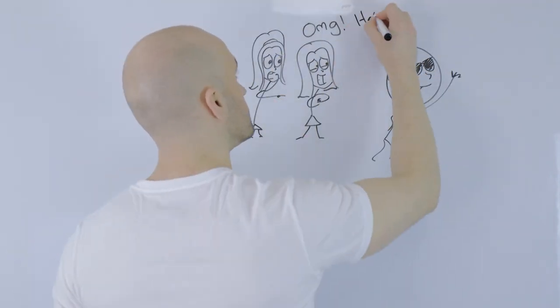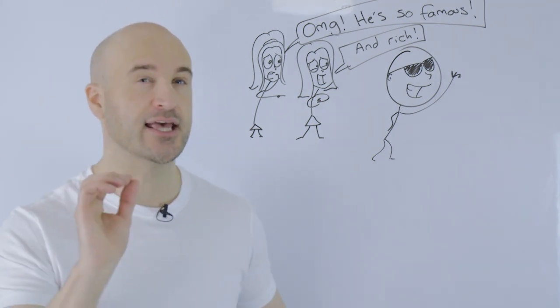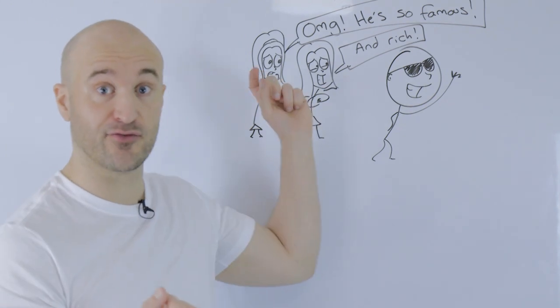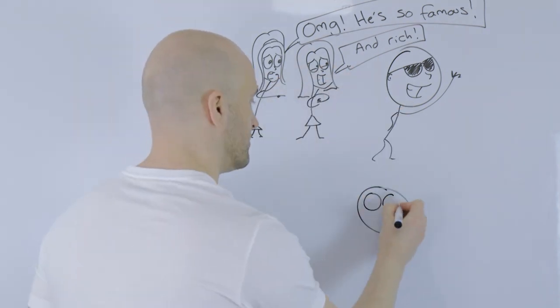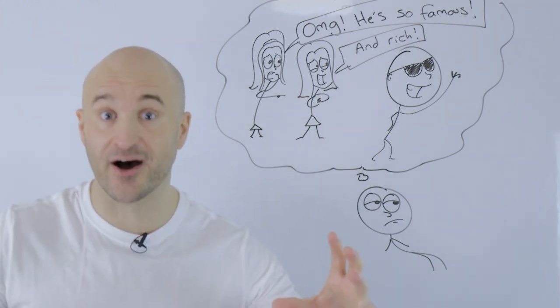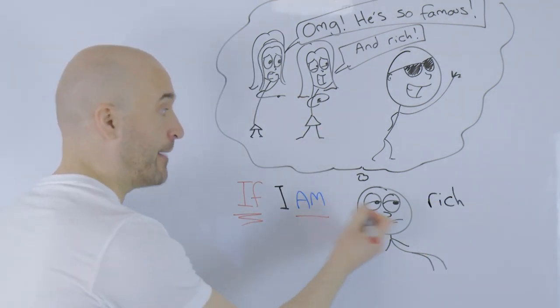So when you think about possibilities, hypothetical situations, imaginary things, you use this grammar. Let's practice with an example. Question for you. In your life, what do you want? Do you want to be rich or famous? So I imagine this. The grammar I need is this. If I am rich.